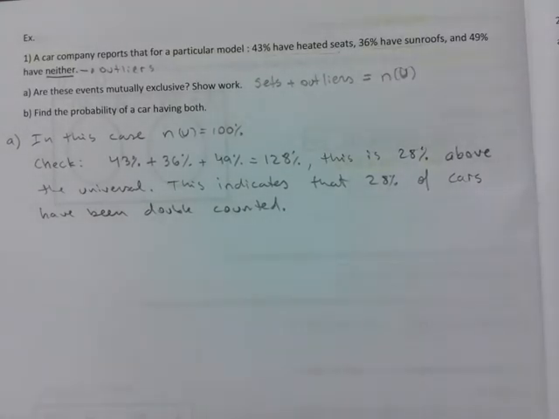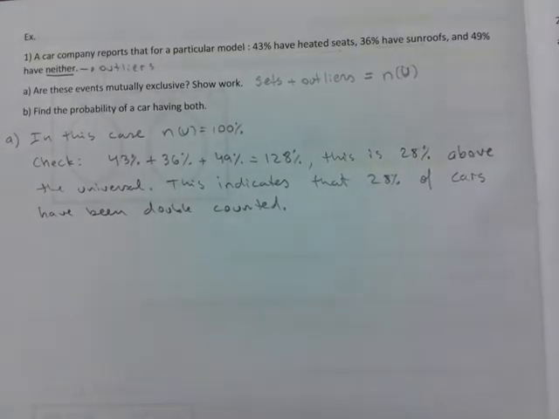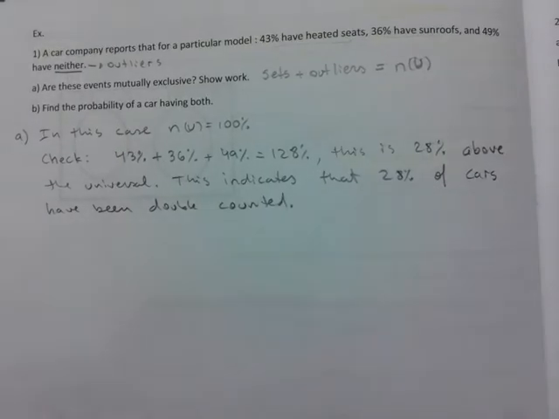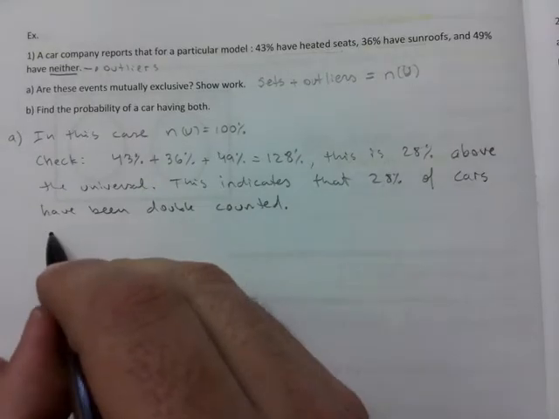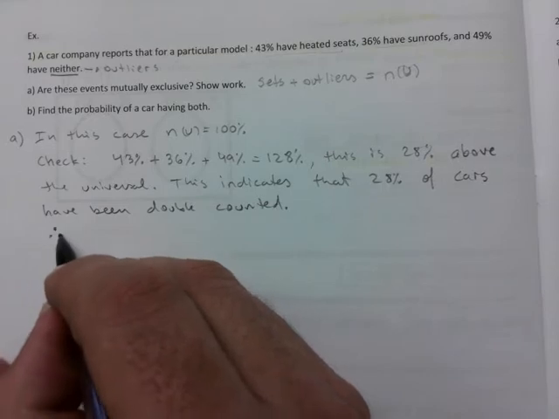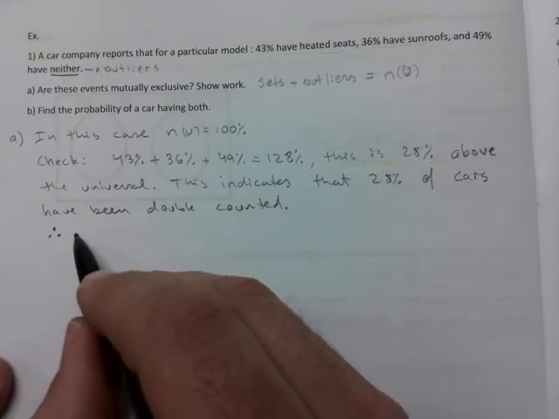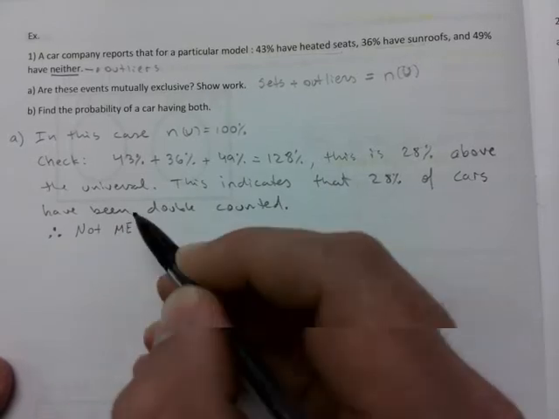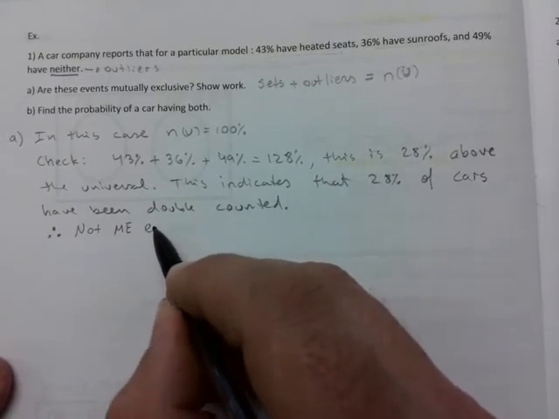In percentages, it makes it easy, because they don't need to give us the universal. We already know. Therefore, we can conclude these are not mutually exclusive events.